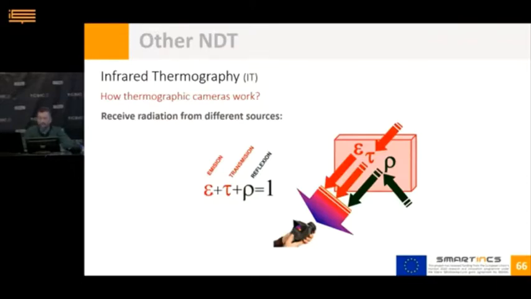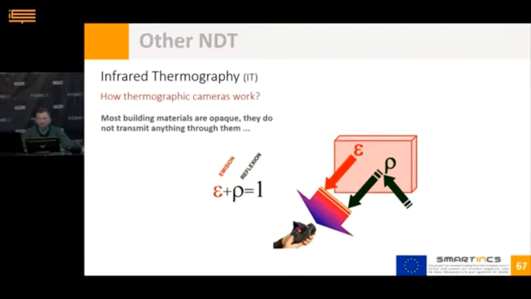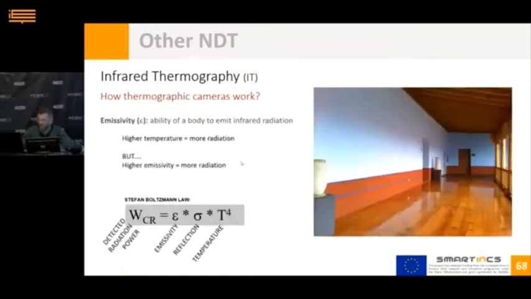But most building materials are opaque, so transmission can be omitted. The reflection radiation can be easily corrected to keep only the emission, which is what the camera will transform to temperature. To perform this transformation, we must know the emissivity of the objects.